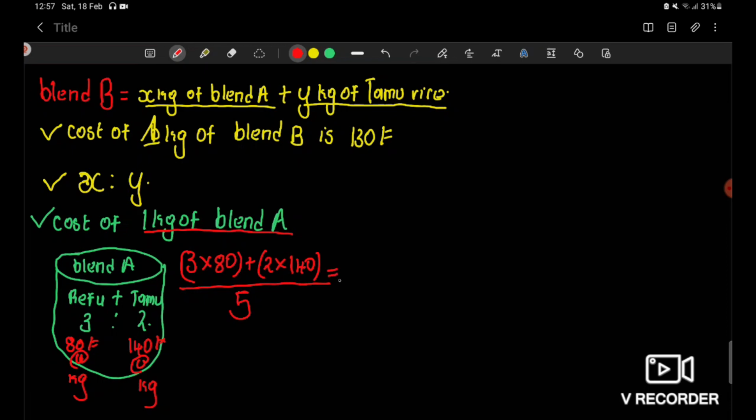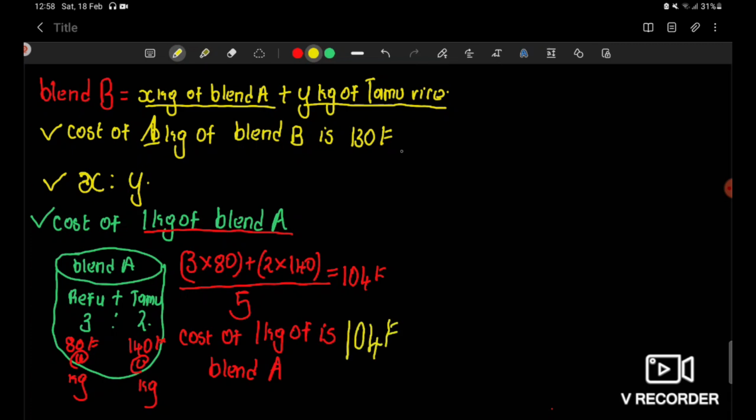We'll get our answer as 104 shillings. So the cost of 1 kg of blend A is 104 shillings.